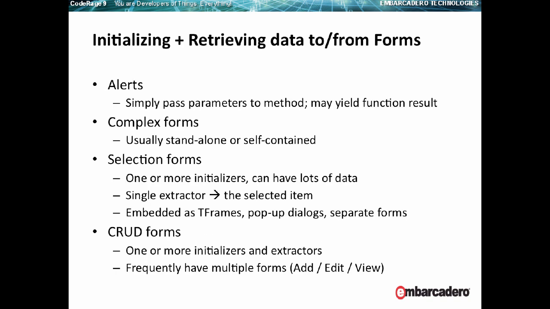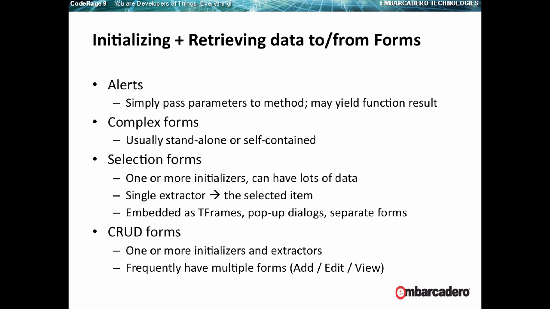We're initializing and retrieving data to and from forms. When we're dealing with alerts, we simply pass parameters to a method, okay, like ShowMessage. If you use something like MessageDlg, you may get a function result returned. With complex forms, they're usually standalone or self-contained. There's not much else to deal with. Selection forms will have one or more initializers, and they can have a lot of data in them, thousands of things to search from.